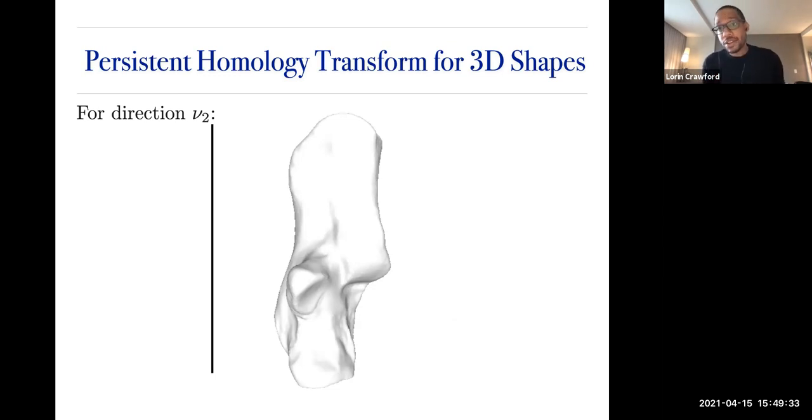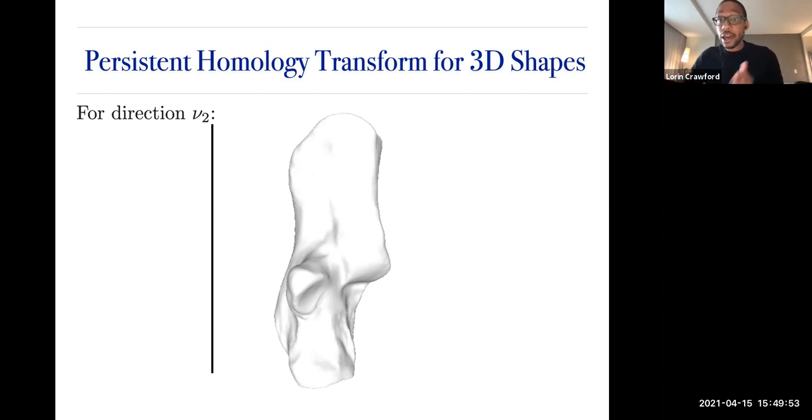Okay. Now in theory, to have the entire shape understood, you have to take infinitely many directions over the unit sphere, right? In practice, there's a lower bound for how many you actually need to use these persistence diagrams as a sufficient statistic or summary statistic of the geometry and topology of these shapes.